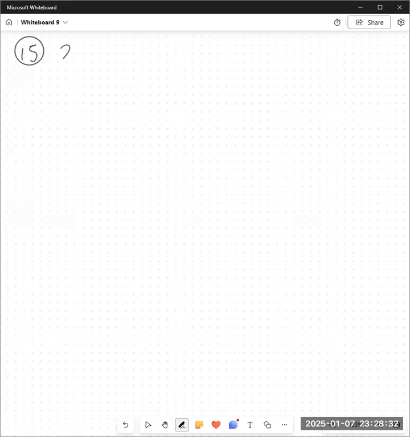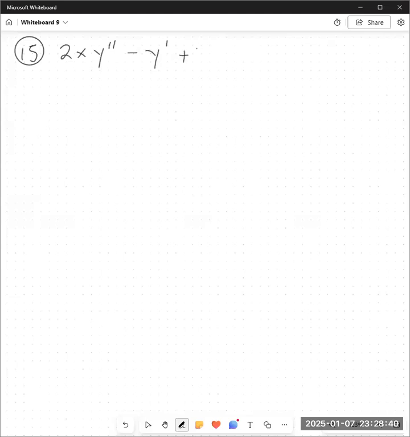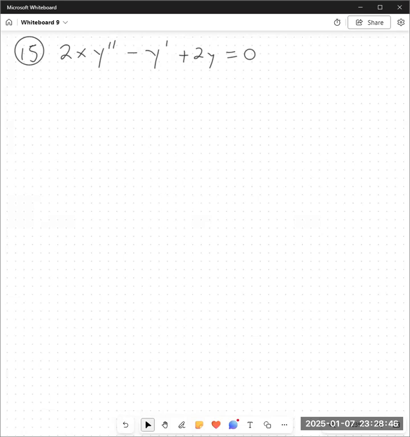So we're going to start off with 2x y double prime minus y prime plus 2y is equal to 0. And it tells us in the instructions to find a solution centered around x equals 0, but x equals 0 is a singular point.